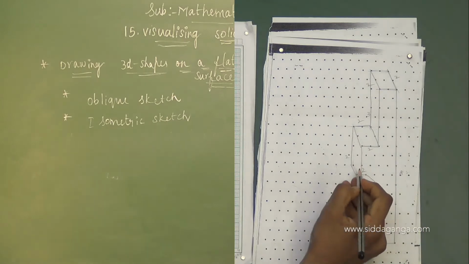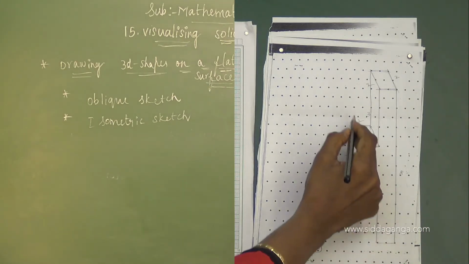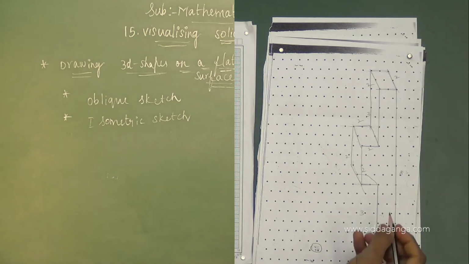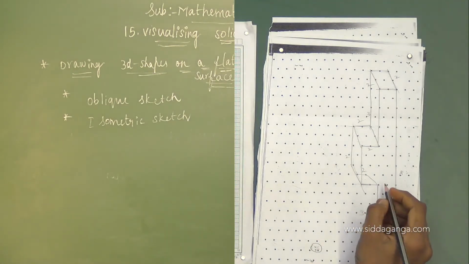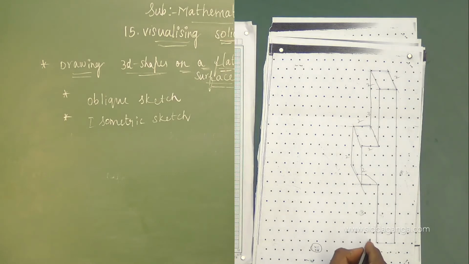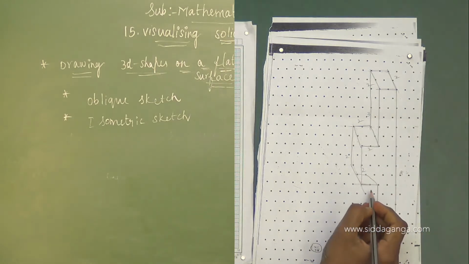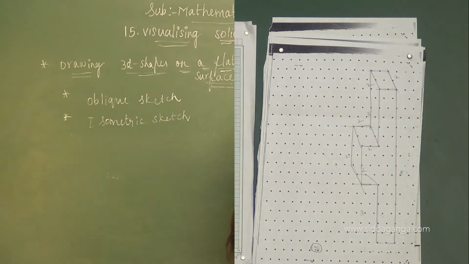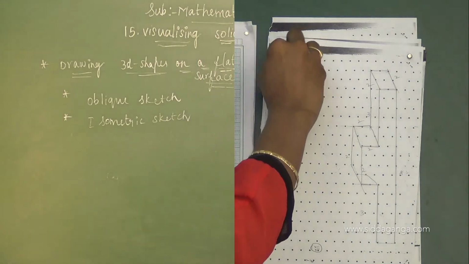Base is 8, cube 2, 2, 2, 2, and here 3 centimeters we have taken to form a cuboid. And here 3, 3, 2, 2. Fourth one you can do, just do it as homework.